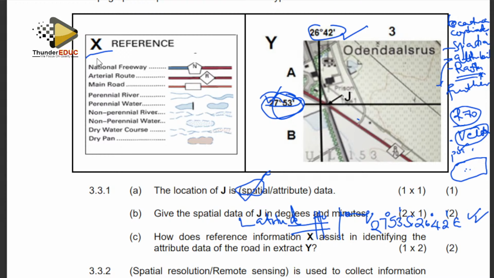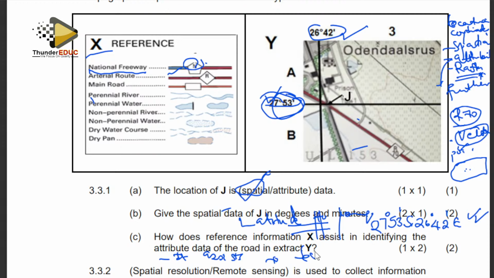When you look at this, at X, we have the national route. How do we see the national route? If you see it in this color and there should be N, it is not existing here. All right, arterial route, it is this color with R there. The R is there. Can you see that? So how does it assist? It only assists you to tell that this type of road is maybe a national road or an arterial route.